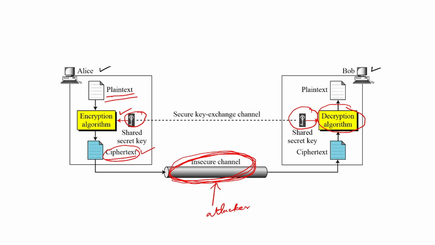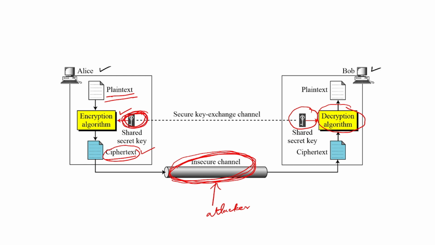Symmetric key cryptography means there is only one key between sender and receiver, the shared secret key, which is a secret only between Alice and Bob. For every message, the key must be changed.